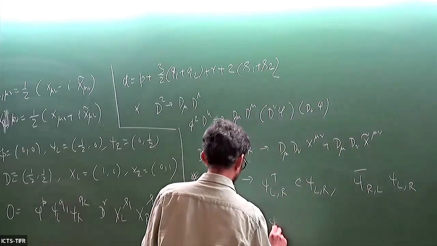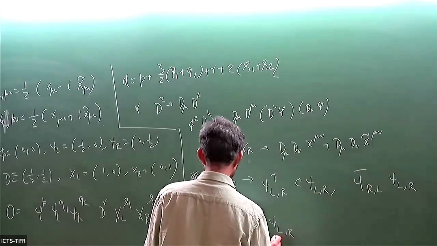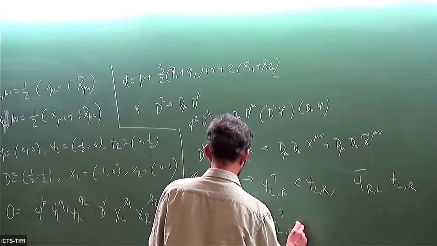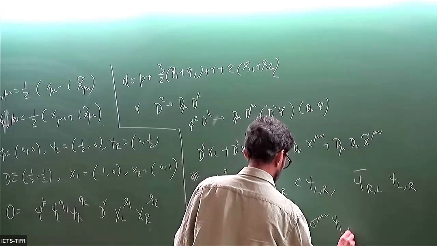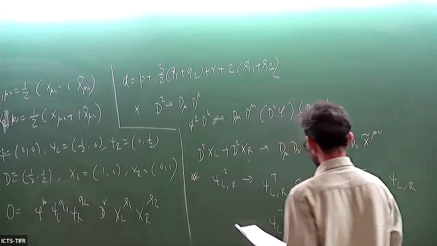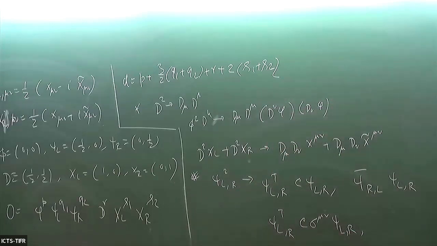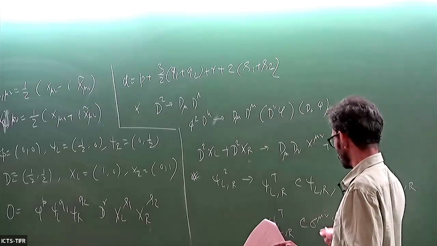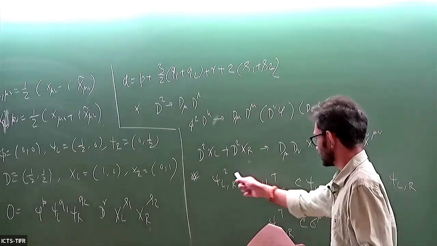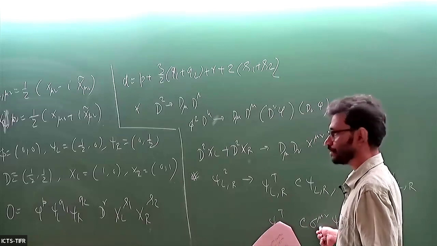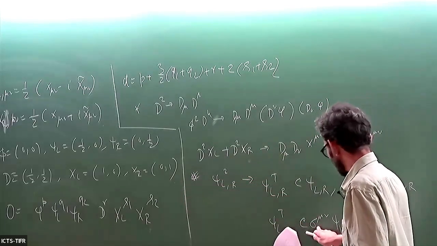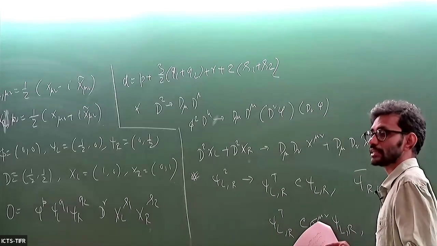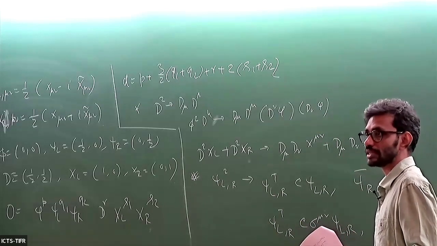They also depend on, like, psi transpose C sigma mu nu psi L or R, right? You can have this kind of bilinears also. Now what will be written? If this is appearing, of course sigma mu nu will not be appearing in your polynomial, but this will be accompanied by some other quantities which have some Lorentz index.